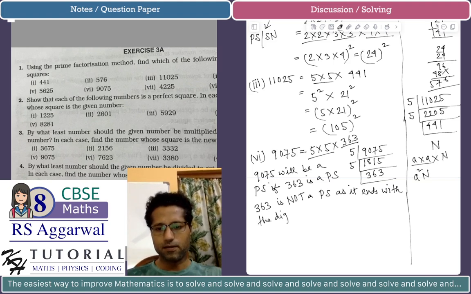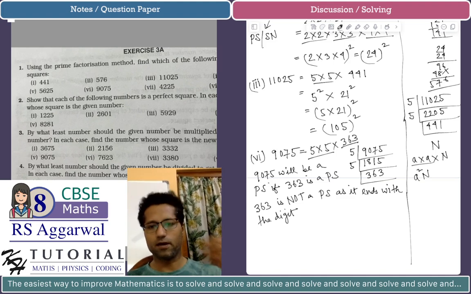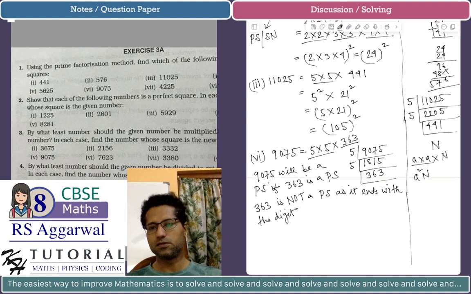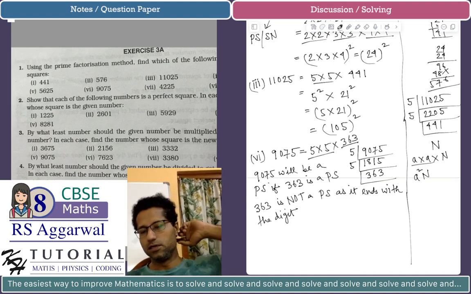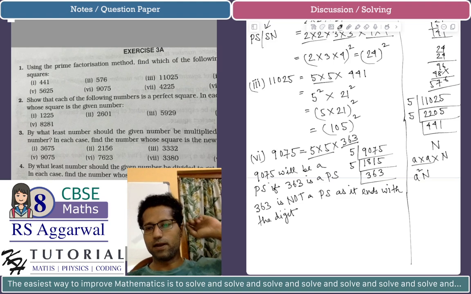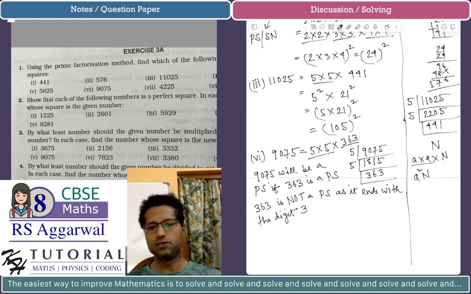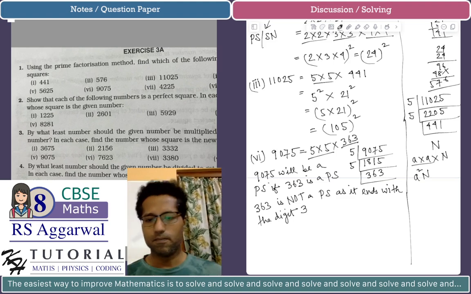I've already explained that any square number cannot end with the digits 2, 3, 7, 8. That is, the digits 2, 3, 7, 8 cannot be at the units place of any square number. So 363 is not a perfect square.